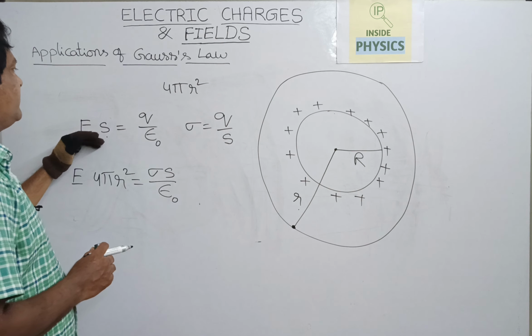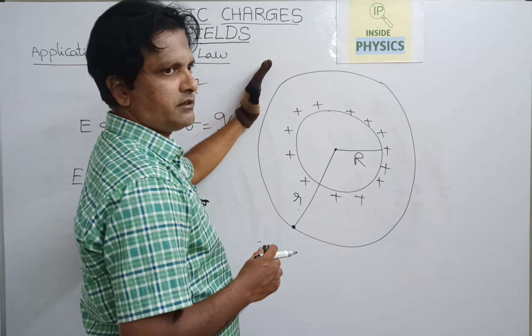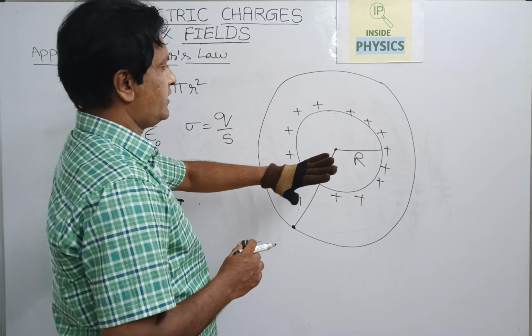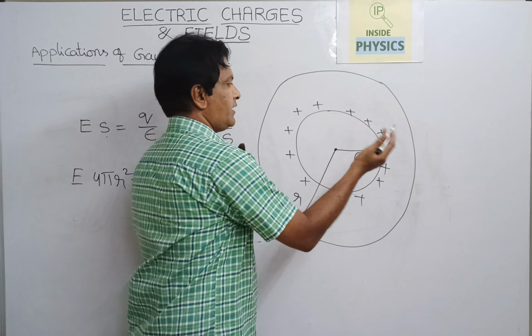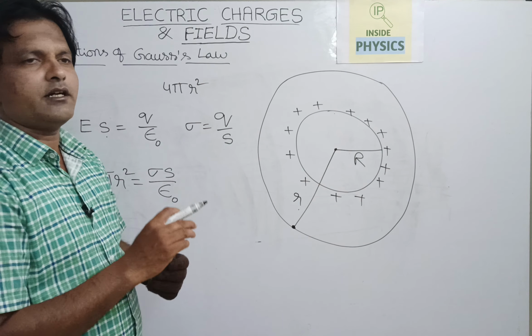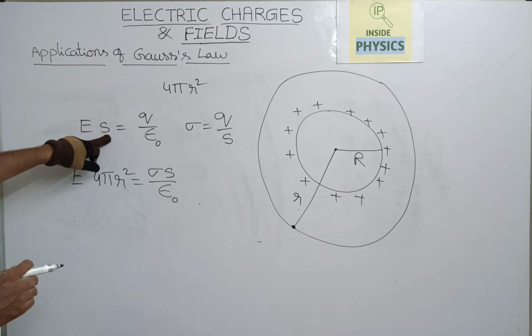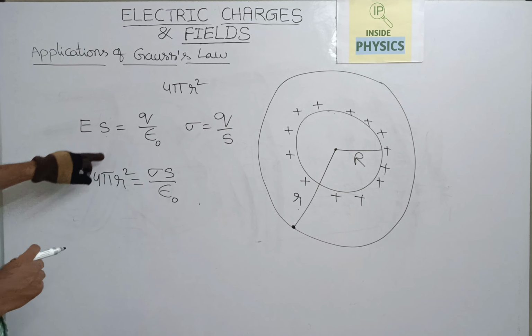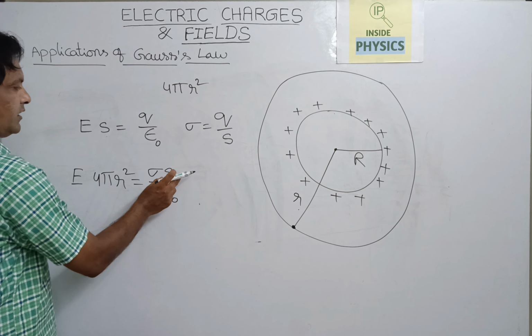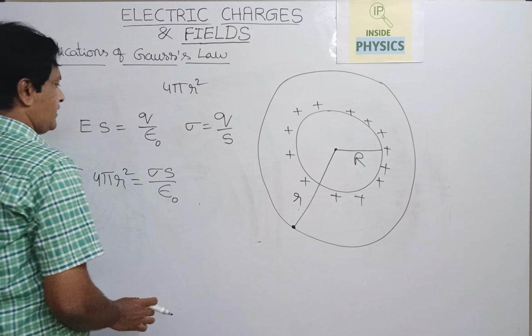The left side surface area is the Gaussian surface area. Any surface imagined to calculate the electric field around charged bodies is called a Gaussian surface. So here the surface area of the Gaussian surface, and here this is the surface area of the charged body, that means the inner sphere.